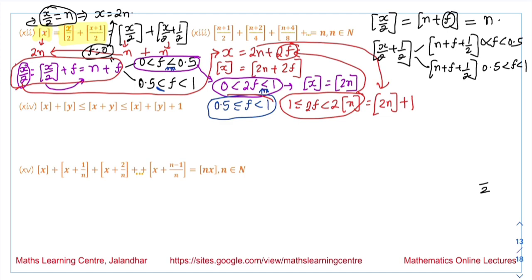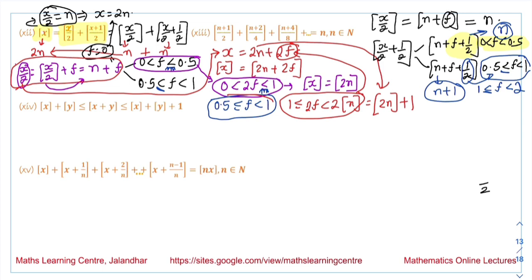Now when f is between 0 and 0.5 and we add 1 by 2 to it, the final answer that we will get is n. When f is between 0.5 and 1 and we add 1 by 2 to it, the total value will become 1 is less than f is less than 2. So when we substitute this value, we get the answer n plus 1.